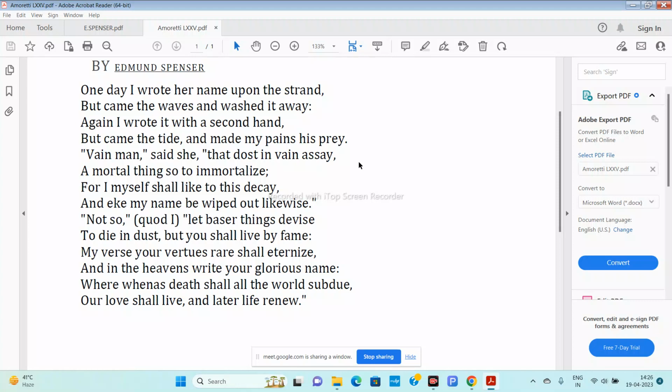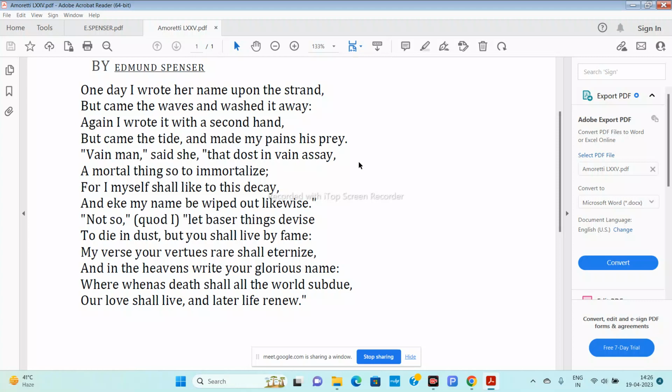"Shall I compare thee to a summer's day," where Shakespeare was eulogizing the beauty of his male friend. And he was saying that your qualities, your virtues would live on in my verses. So Spenser is doing the same thing here.